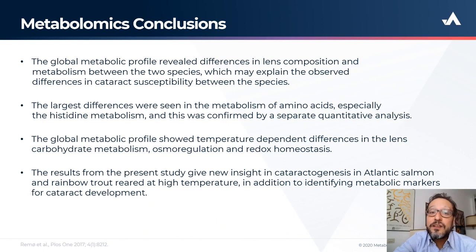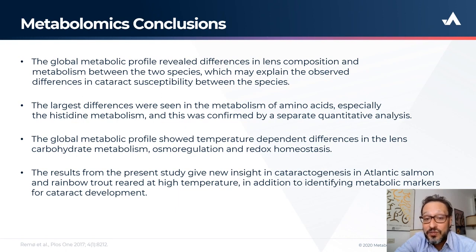Now for a quick summary, Atlantic salmon were found to be more susceptible to cataract development than rainbow trout under the given similar rearing conditions. Differences in histidine metabolism may explain in part this susceptibility difference between the two species. However, almost 50% of the rainbow trout developed cataract at both temperatures, suggesting that other factors might be involved in the etiology of the development of cataracts in rainbow trout, such as the effects on the carbohydrate metabolism that were observed.